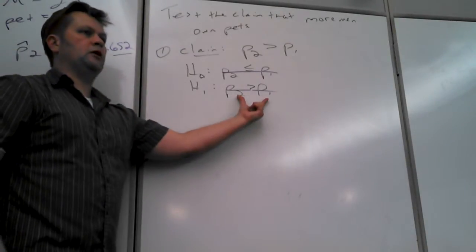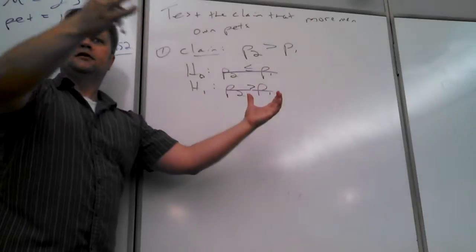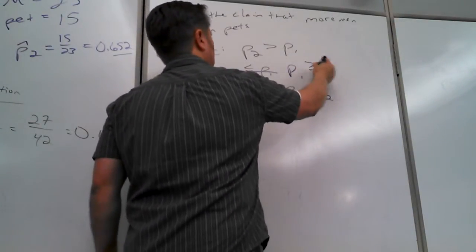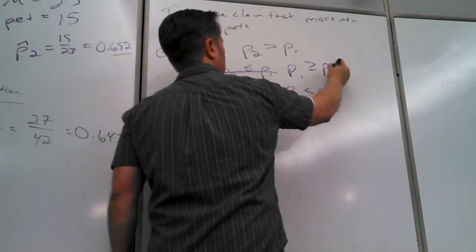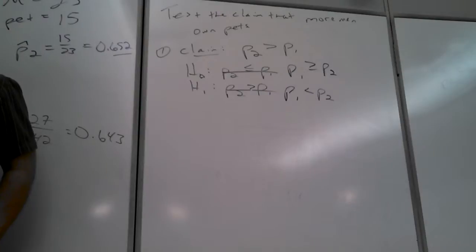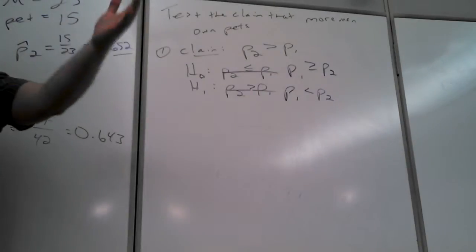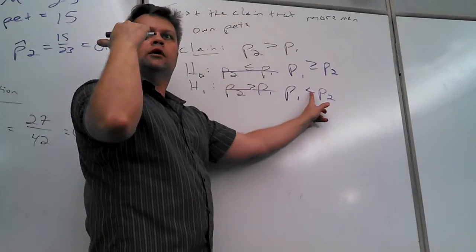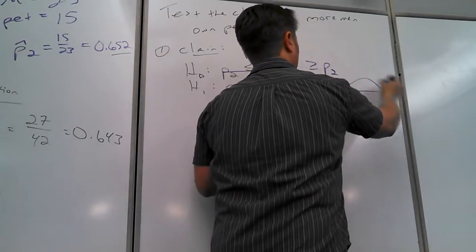So if P2 is bigger than P1, then obviously P1 is less than P2. And so P1 is, for the H0, the opposite. So how many tail tests? I knew it was a one tail test, but now I know which side. Which side is the tail going to be on? Less. That one. I like it.